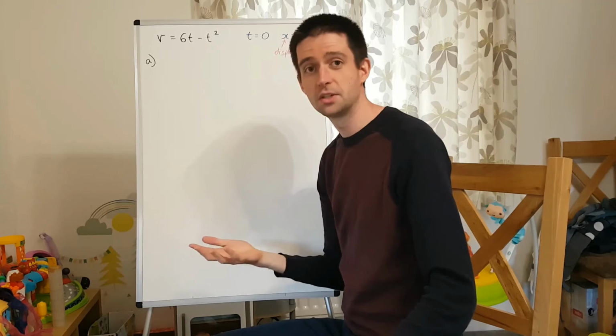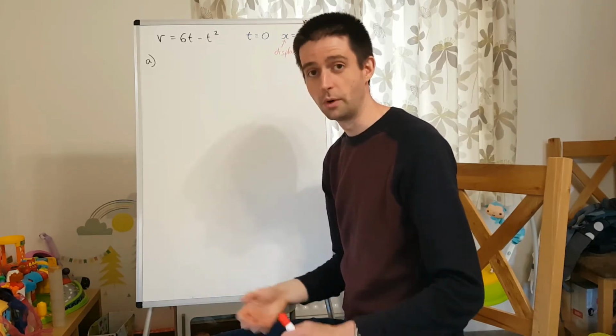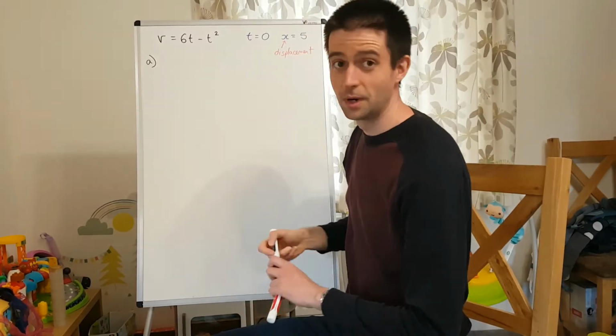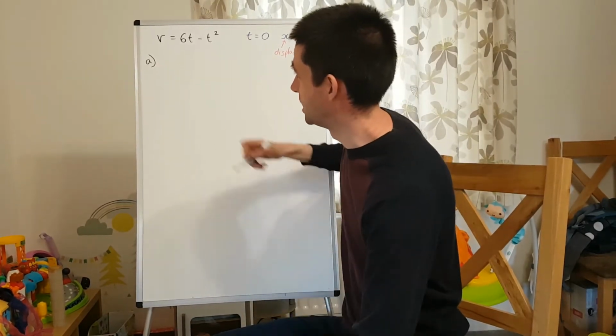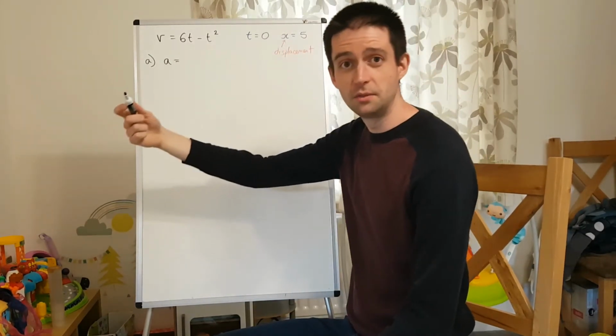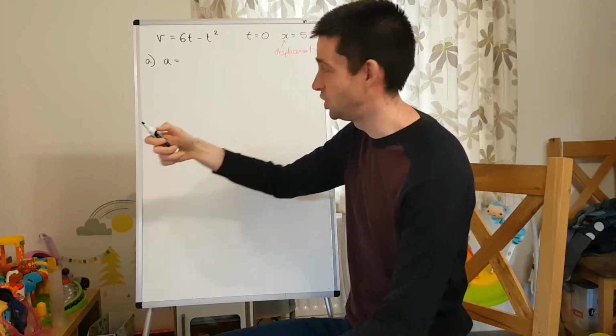Part A is asking us for the acceleration of the particle when t equals 0.5. So if I know velocity and I want acceleration, I need to differentiate, because acceleration is the rate of change of velocity. And remember, I say whenever you hear about rate, we think differentiate.